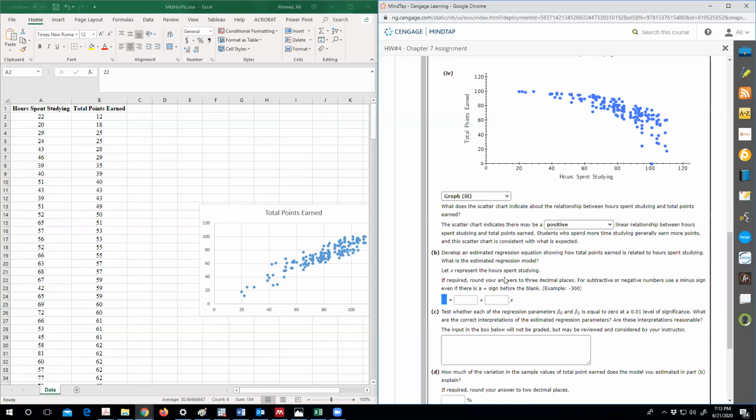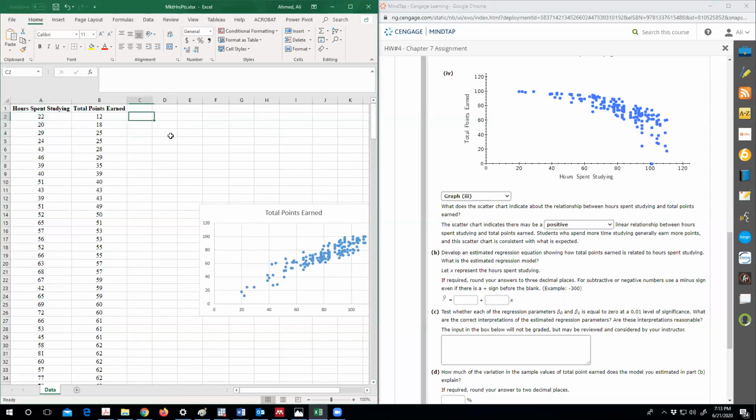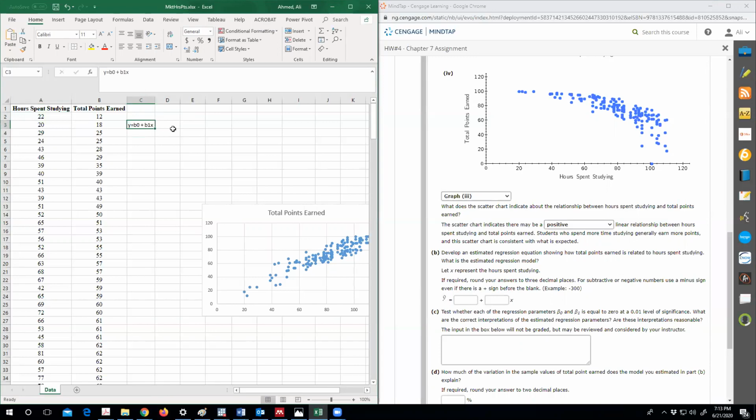So we have to create a relationship between x and y, and it's a straight line equation. We remember that a straight line equation is always like this: y equals beta naught plus beta 1 x, where beta naught is the intercept and beta 1 is the slope of the equation.